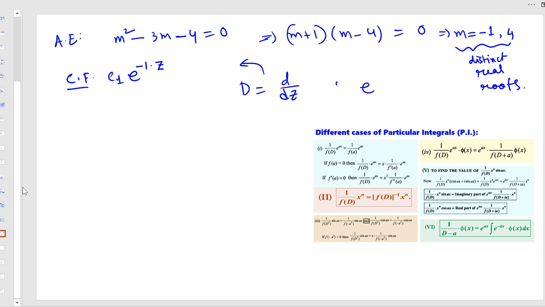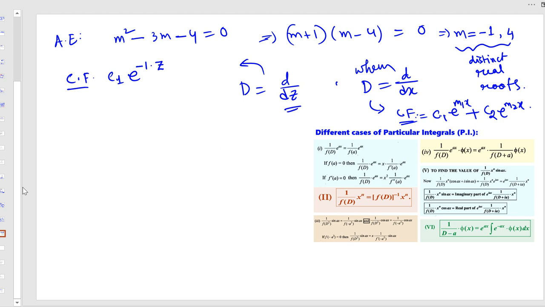When we have seen that the dependent variable is y and the independent variable was x, that time we had d/dx, then CF equals C1 e to the power m1 x plus C2 e to the power m2 x.